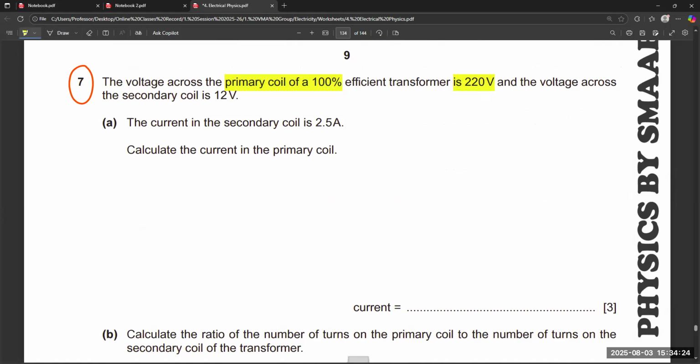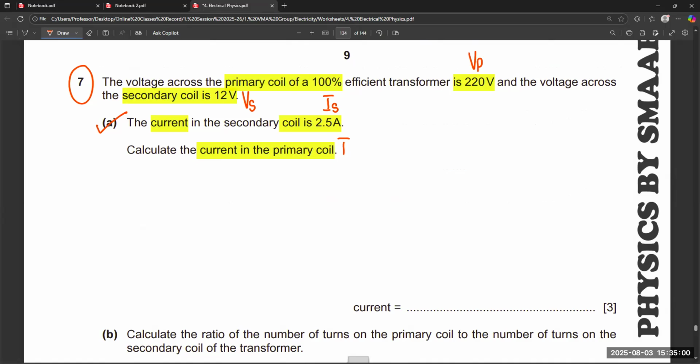So the transformer is 100% efficient, and this is the voltage of the primary coil, VP. The voltage across the secondary coil is 12 volt, and the current in the secondary coil is 2.5 amperes. And we have to calculate the current in the primary coil.